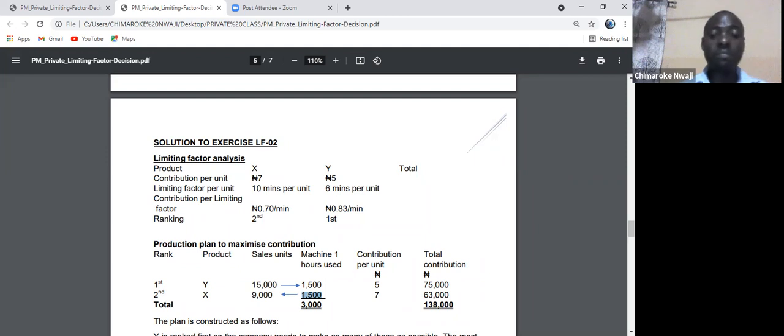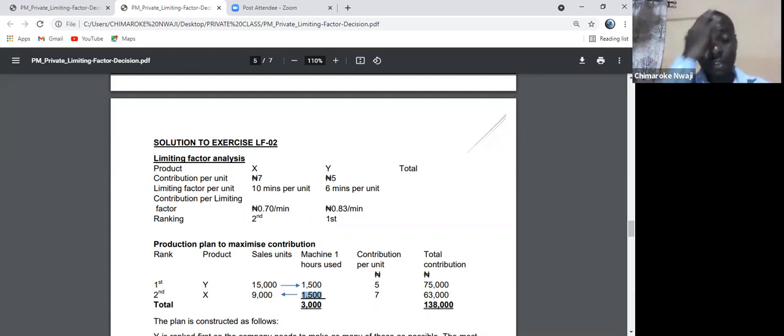1,500 hours is what is available. You can convert it to minutes. How do you convert it to minutes? By multiplying by 60. So 1,500 hours is equivalent to 90,000 minutes.